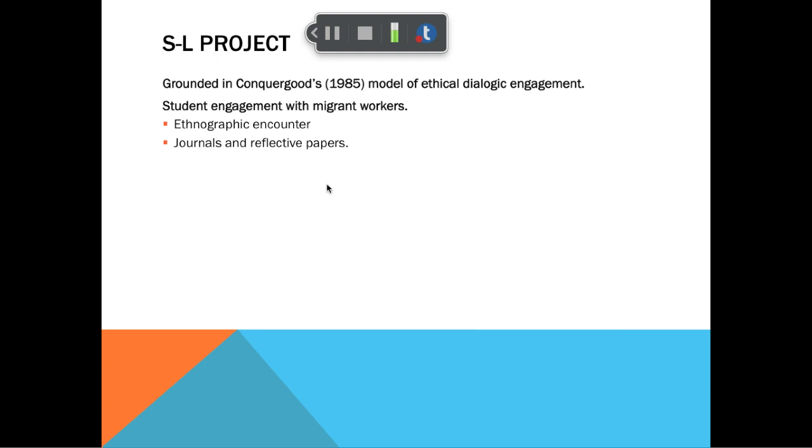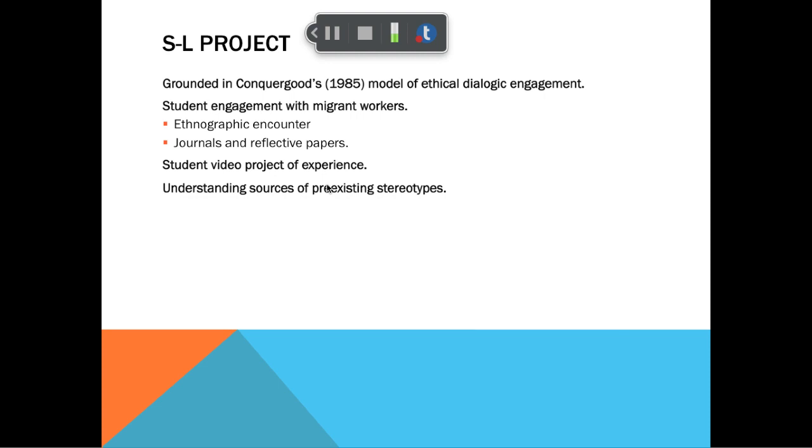So there's an ethnographic encounter, meaning the students actually get involved and engage and do some of the behaviors of the migrant population. And part of what they were supposed to do in this ethnographic encounter were to take journals and to make reflective papers on their experience. And there was also a student video project connected with this experience. So we had some students doing an ethnographic encounter and some students taking video as a media project.